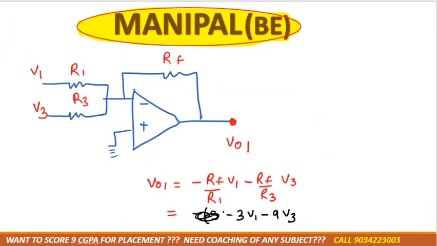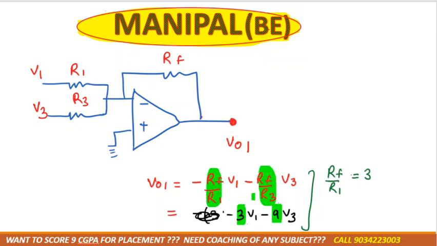If I compare this with this, can we get the values for R1 and R3? Can I write RF by R1 is equal to 3, where V1 is there, then RF by R3 is 9?